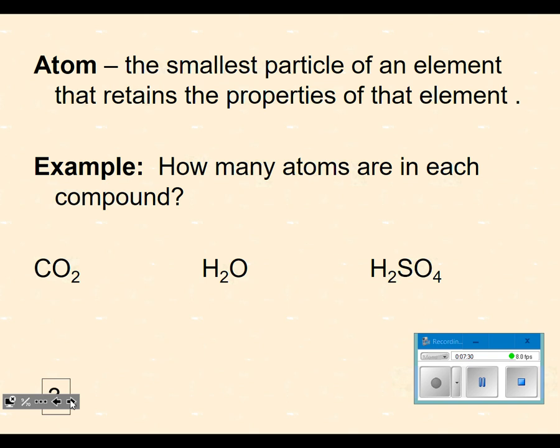So that would mean that it actually has 3 atoms. And then H2O, we would have 2 hydrogens and 1 oxygen, so that again would also have 3 total atoms. And then H2SO4 is sulfuric acid, and that has 2 hydrogens, 1 sulfur, and 4 oxygens, which would give you 4, 5, 6, 7 atoms total.